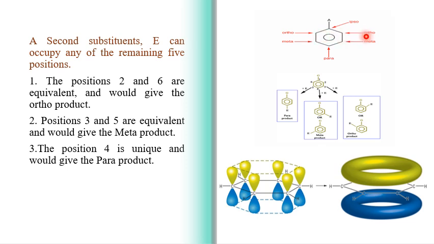If substitution occurs at the third and fifth positions, it may lead to the formation of the meta product, and if it occurs at the fourth position, it may lead to the formation of the para product. Here in this diagram, you can clearly see the substituent and the products we can get after the substitution in the monosubstituted product.